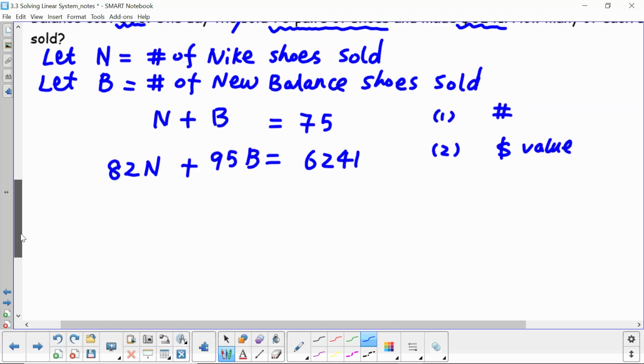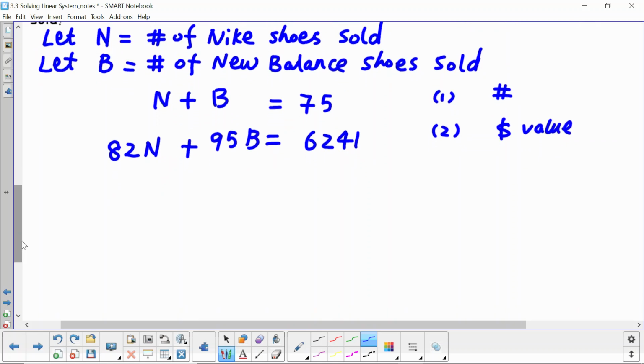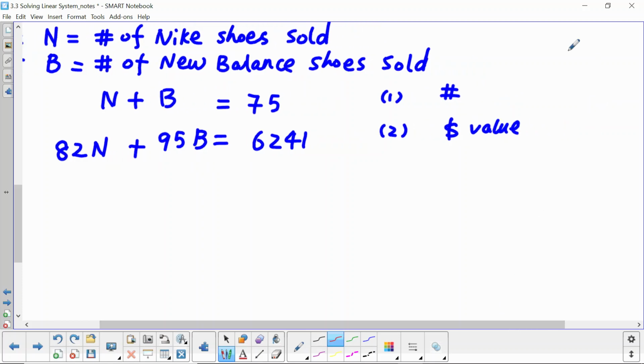We could use the substitution method, but because we just learned the elimination method, we want to use elimination. So for this one, for the variable N, the number at the front is 82. And for the variable B, the number at the front is 95. So we want to change one of them to be the same.